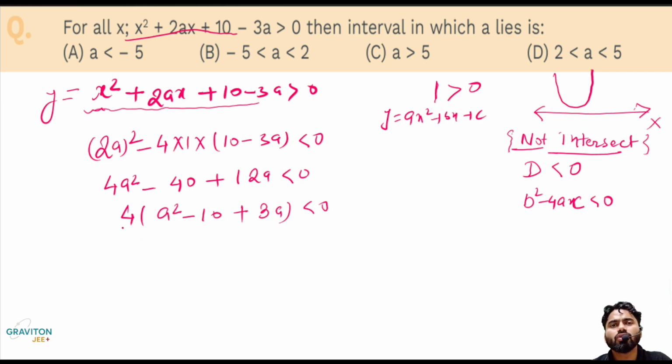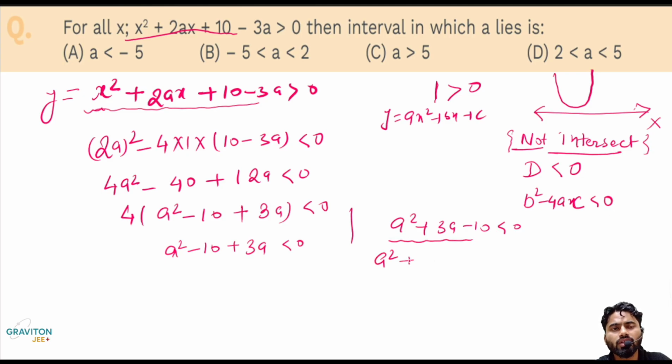Okay, so we are dividing by a positive number, so the inequality will remain the same. So we can write this as a square plus 3a minus 10 negative. Now we factorize this expression. So what will this be? a square plus 5a minus 2a minus 10 less than 0.